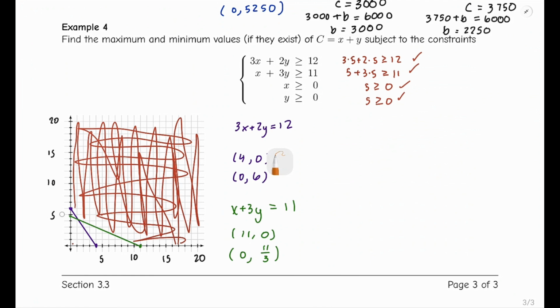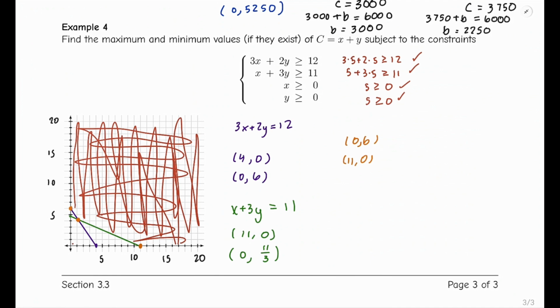So our vertices, well, we have a vertex here, but then it just keeps going forever in a line. So that's the only vertex there. So that is (0, 6). We have a vertex down there. So that's (11, 0). And then we need to find this intersection point between the two lines.